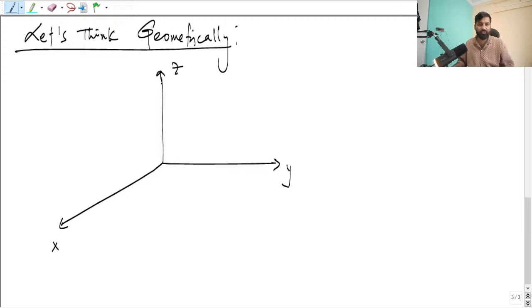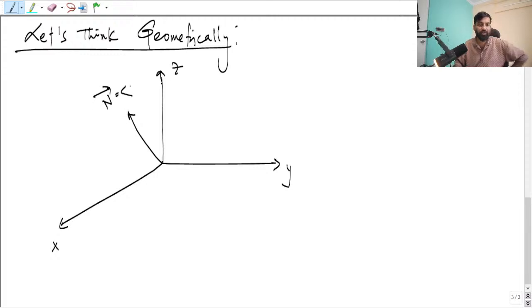So there are three variables, so we have taken a three-dimensional picture. We have x, y, and z axes, and we have the normal vector n. Let's suppose there is a normal vector n, okay?